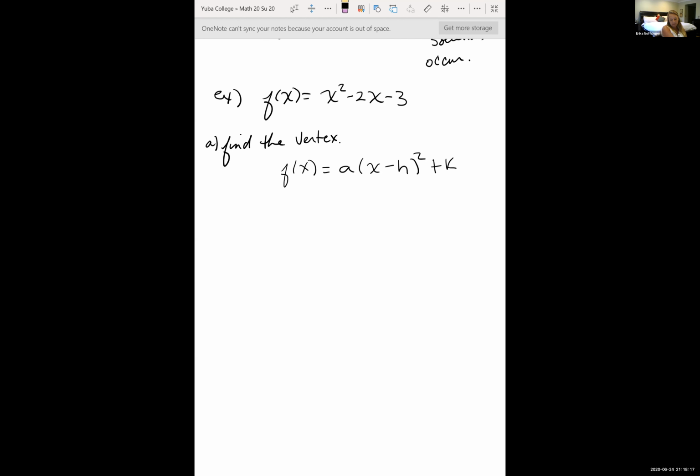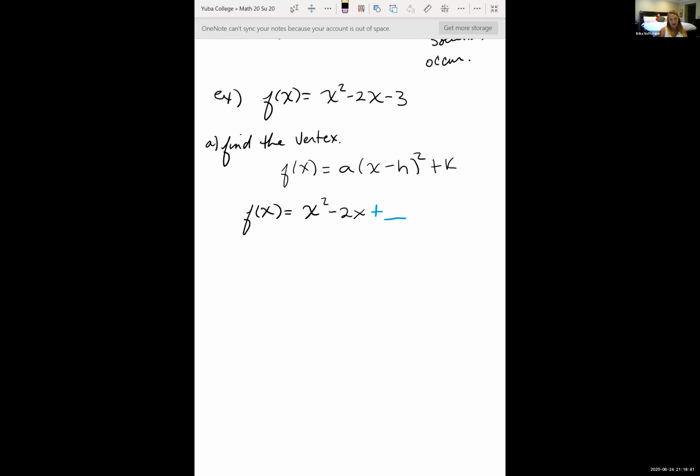Fortunately, that number in front of my x squared is 1. And so I can just figure out what I need to add to make that a perfect square. So I have x squared minus 2x. I want to figure out what I need to add. So I'm going to put plus and a space here.